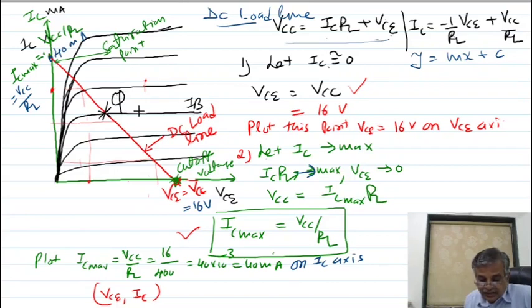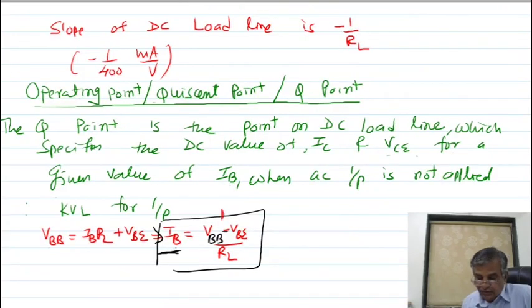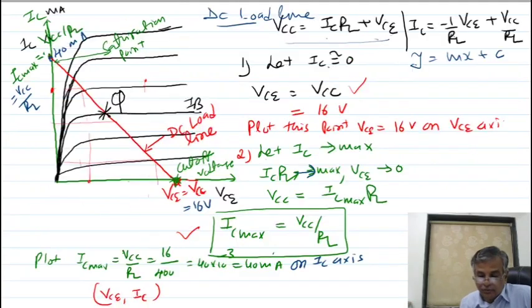Remember, the intersection point of this DC load line with this value of base current is called the operating point, or DC operating point, or Q point.